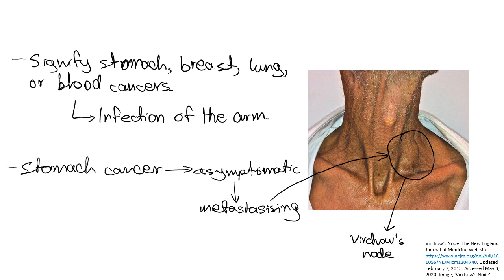And it's especially important in stomach cancer because the patient may not realize that they have that cancer, because when stomach cancer is metastasizing, it is asymptomatic, and these cells that metastasize from the stomach usually move into that Virchow's node because there is a large amount of lymphatic fluid that flows through this node from the thoracic duct before it re-enters the cardiovascular system. So knowing that this enlargement of this node is important, and knowing what it may mean if it is enlarged, can save a patient's life.